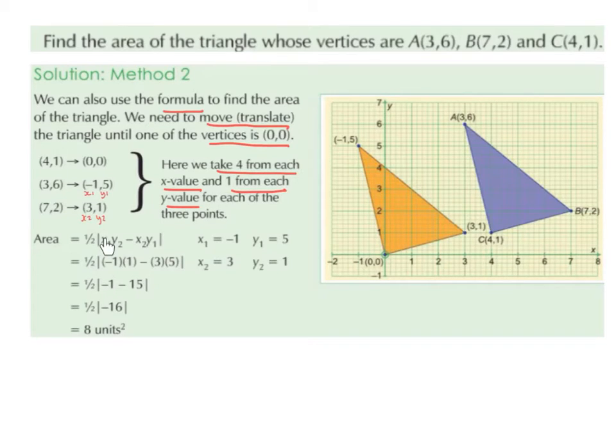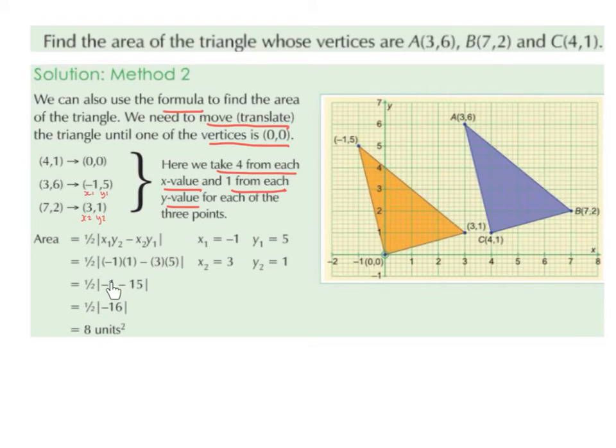I'm going to swap x1 for minus 1 with brackets around it, and y2 for 1 with brackets around it. Bring down the minus. I'm going to swap x2 for 3 with brackets around it, and y1 for 5 with brackets around it. We do not use the coordinate (0, 0). We only ever use the other 2 coordinates.